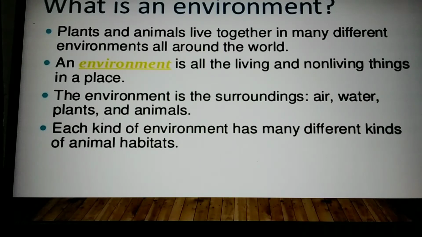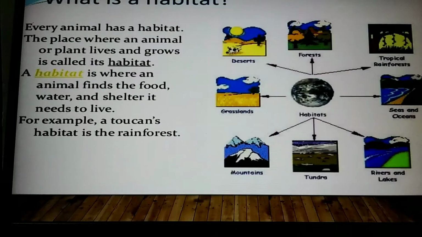Each kind of environment has many different kinds of animal habitats. Now, what do you mean by habitat? Every animal has a habitat, the place where an animal lives and survives. In the same way, the place where a plant can live and grow is called its habitat.